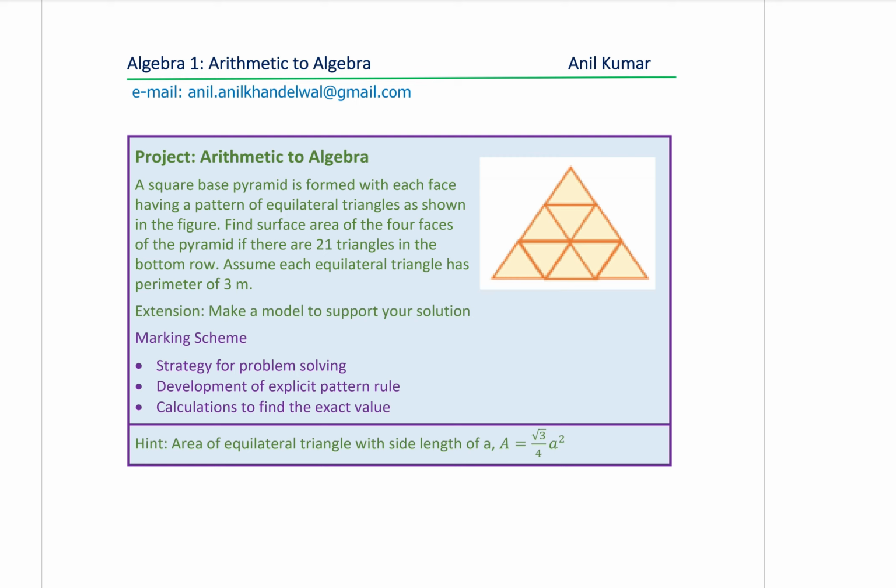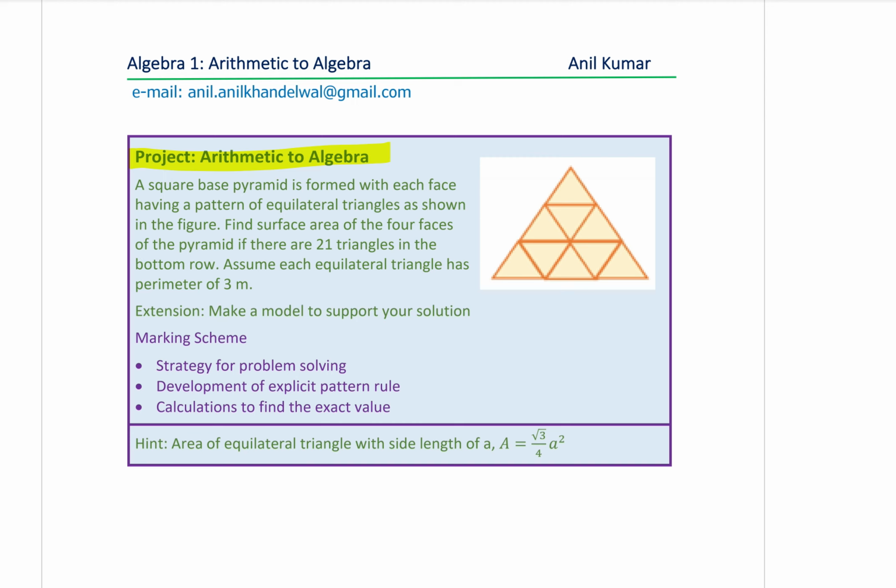Now, here is a project, and the project is based on the patterns which we learned. After learning the patterns, we also saw how to derive formulae to answer the questions, and then figure out the values. Combining all this, we have a project for you.